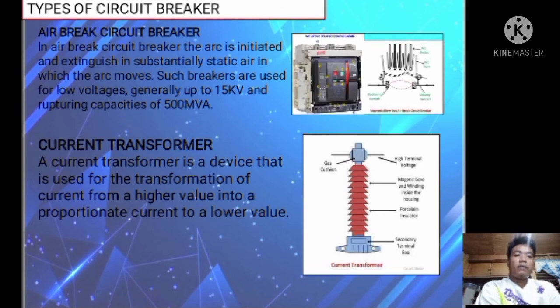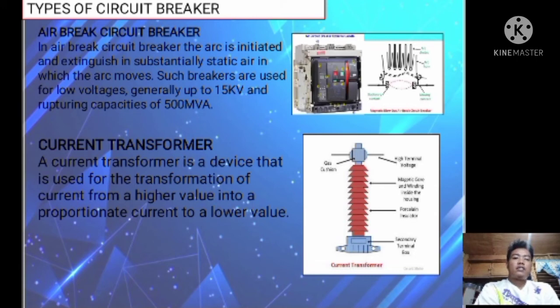So ang air circuit breaker ito yung ginagamit sa mga low voltage, but their capacity is 500 MVA sa mga kaya niyang i-break.